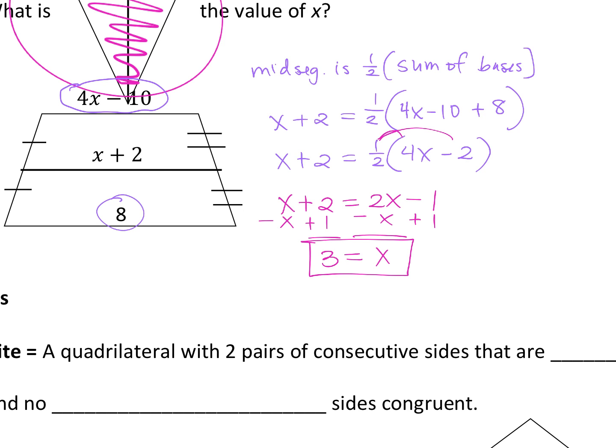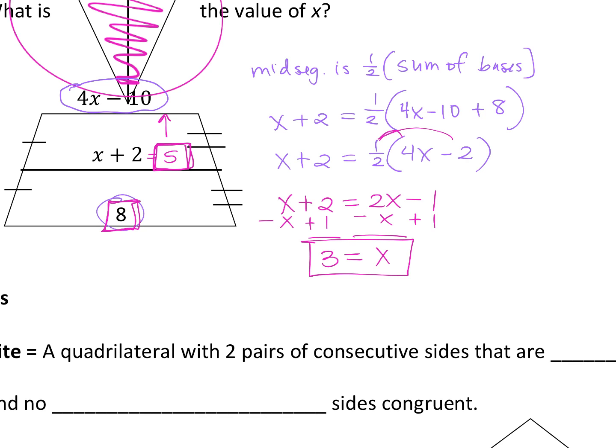Now I highly recommend that you plug this in and make sure it makes sense. If x is 3, 3 plus 2 makes this a length of 5. This is 8. This is 5. Without plugging anything in, can you tell me what this top one should be? It should be 2, right?